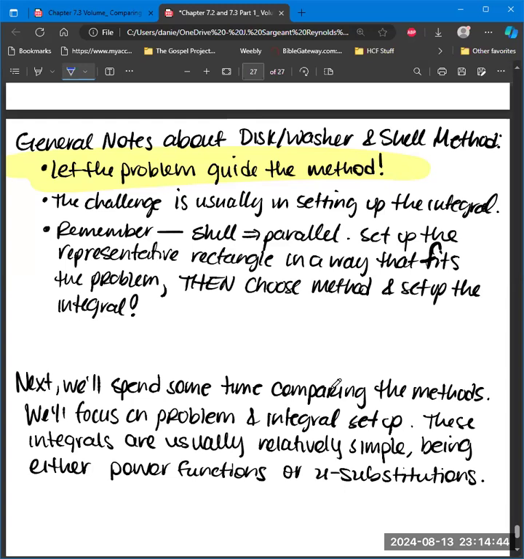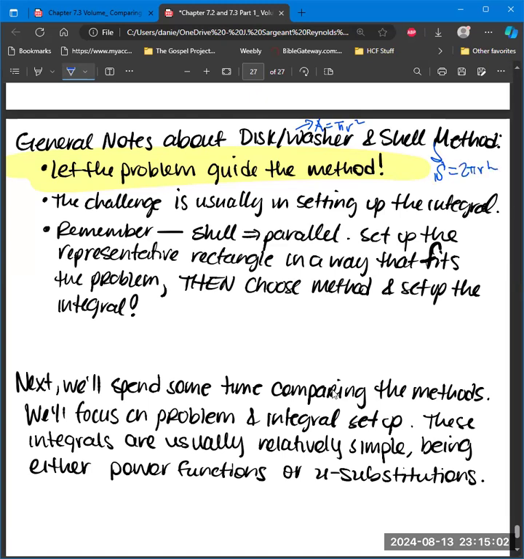And then remember, your formula for disk and washer is based off of A equals pi r squared, and the shell method is based off of S equals 2 pi r h.